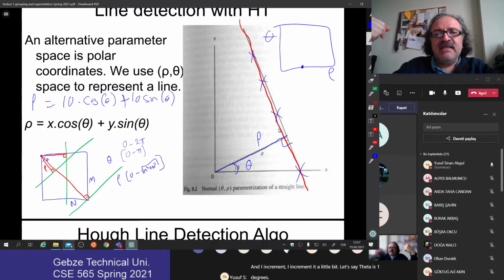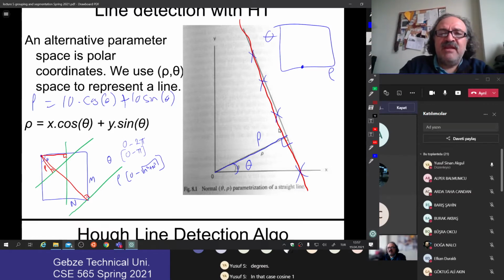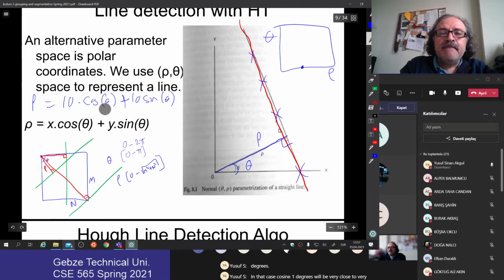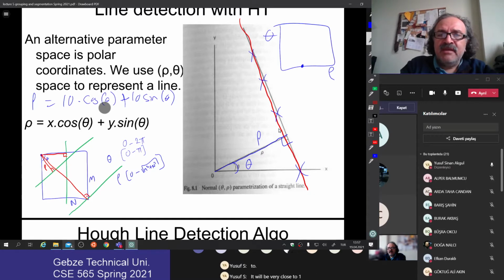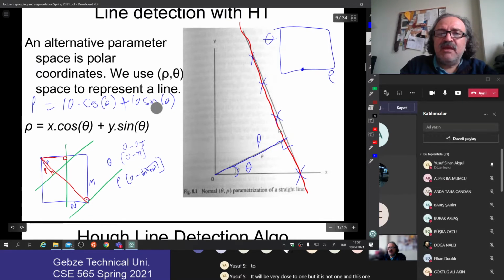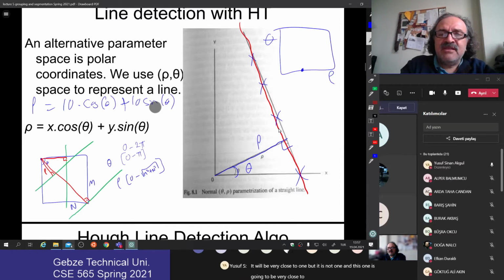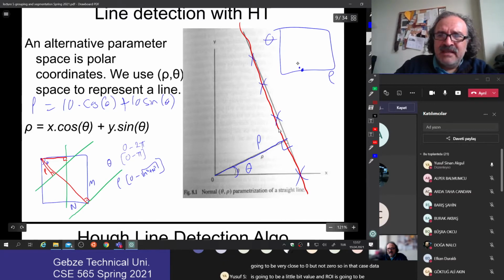In that case, cosine 1 degree will be very close to 1, but it is not 1. And sine will be very close to 0, but not 0. So theta is going to be a little bit larger and rho is going to change slightly, so it's going to be a curve like that.